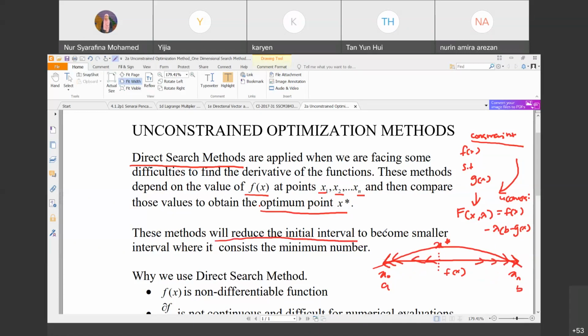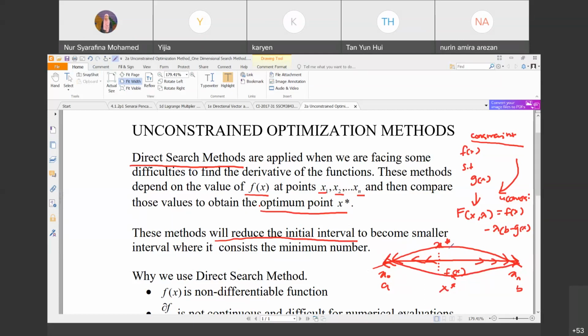Why? Because we just want to reduce the interval to become smaller and smaller until we reach the minimum or maximum. Let's say like this for minimum, this is just an illustration, and this one is for maximum. We want to reduce the interval until we reach the optimum solution, whether it is maximum or minimum.